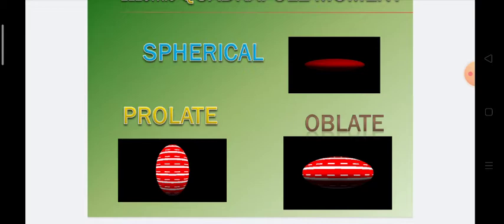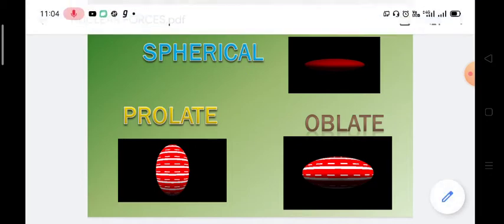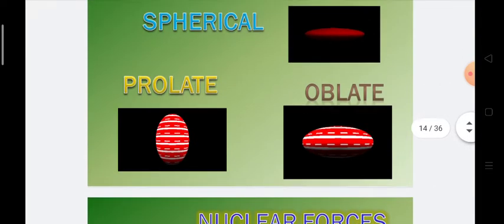Depending on the protons in the nucleus, each atom's nucleus has its own shape. And also the existence of an external magnetic field will also affect the shape of the proton.